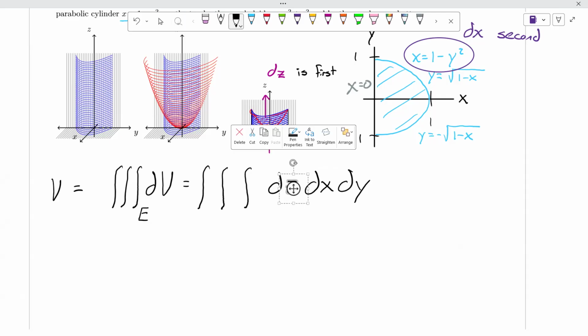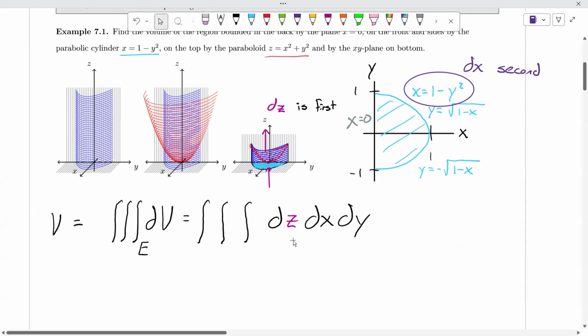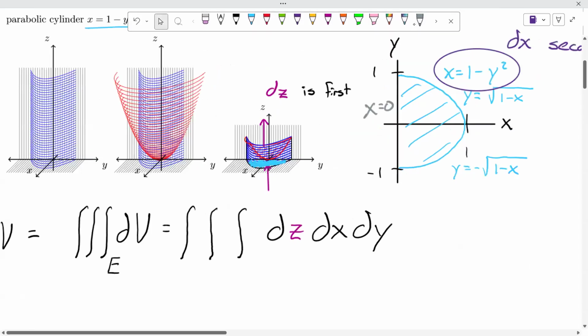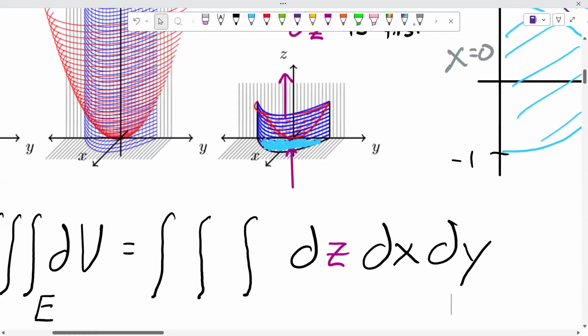And we'll do z first. Looking at z, if we were going from bottom to top, we would first hit the plane z equals 0, and we would then hit the red surface z equals x squared plus y squared.